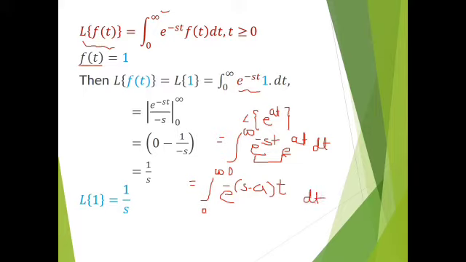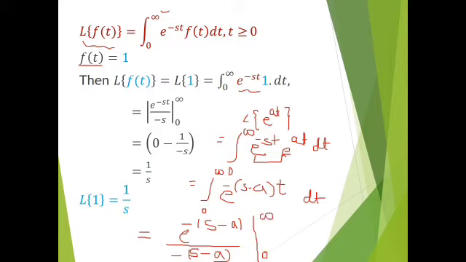This is very simple. We integrate e to the power minus s minus a t. So the integration is e to the power minus s minus a t upon minus s minus a, and the limit is 0 to infinity.